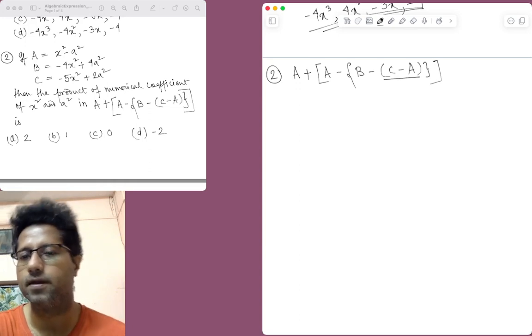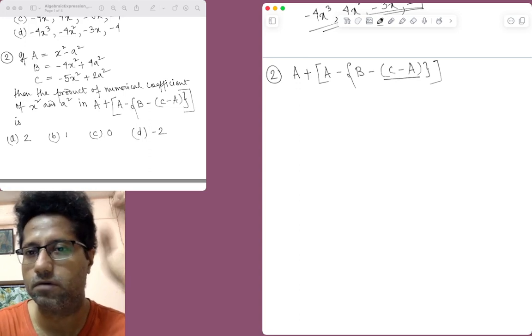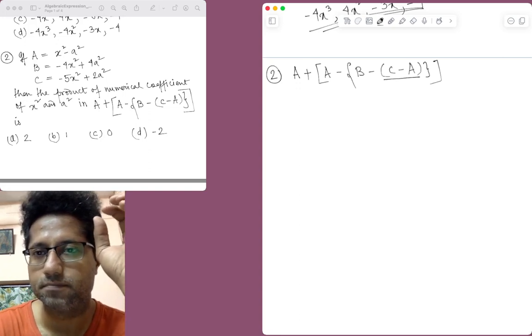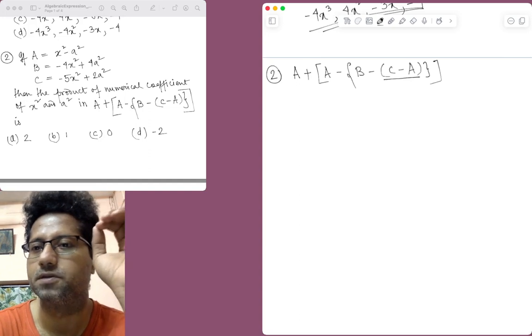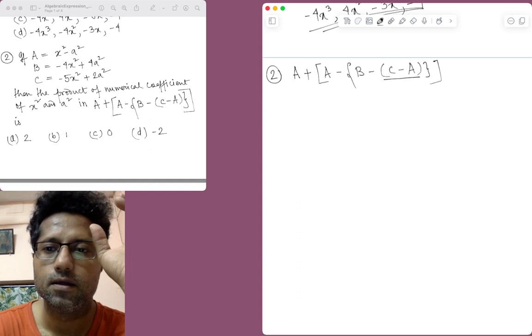So we have to evaluate or simplify c minus a. Whatever that algebraic expression is, we have to combine all the like terms so that we have the most simplified algebraic expression where all the like terms have been added or combined.